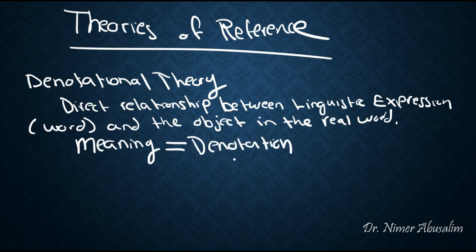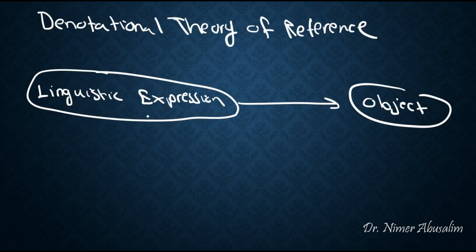And since denotation, if you recall from our last lecture, is the relationship between the linguistic expression and the object in the real world, therefore, meaning is the relationship between a word or a linguistic expression and the object that it denotes. So basically, this is what the denotational theory suggests. It's the linguistic expression and the object, and meaning would be denotation or the relationship that exists between these two.